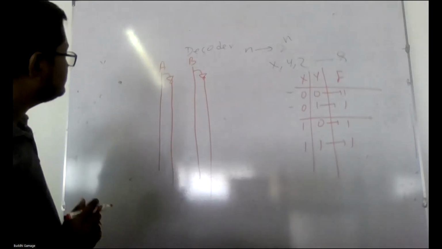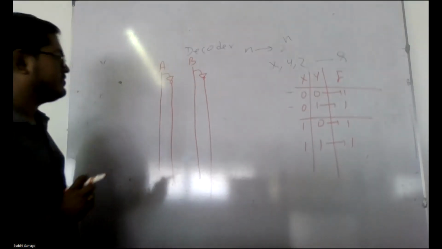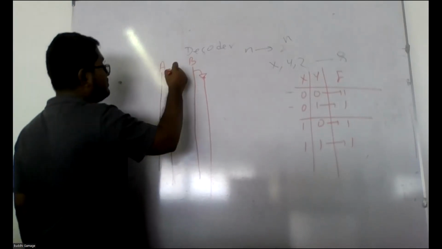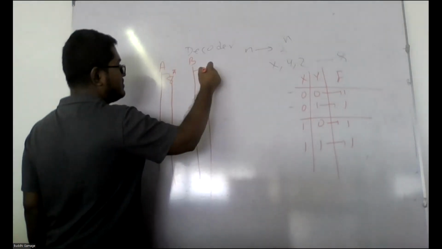Right. So A, this is A bar, and B, this is B bar.